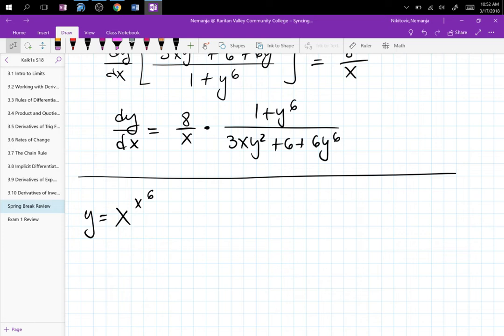This is very tricky. This particular problem can be done only by logarithmic differentiation and nothing else. It's just that's what it is.